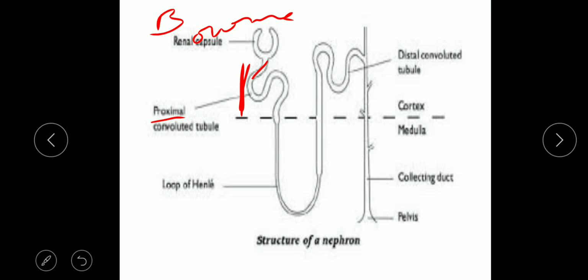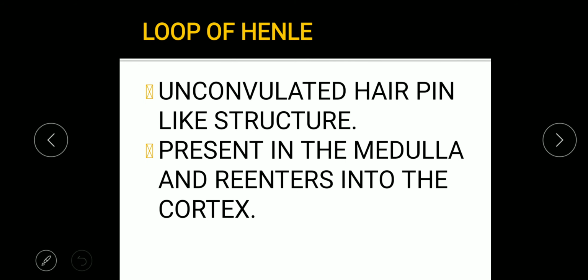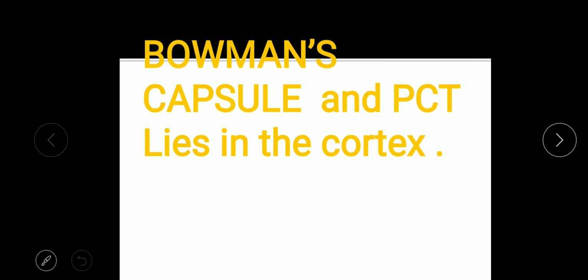Convoluted because it is twisted and turned like this. Tubule, part of tubule. This part is present in the cortex of the kidney. PCT and the Bowman's capsule are present in the cortex of the kidney, as you must have seen in the diagram.